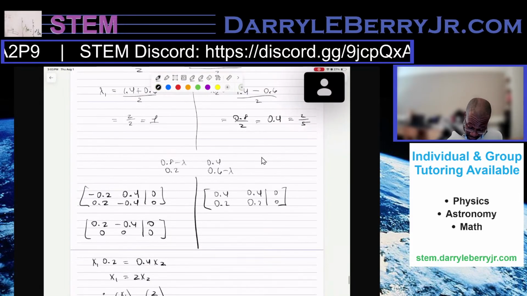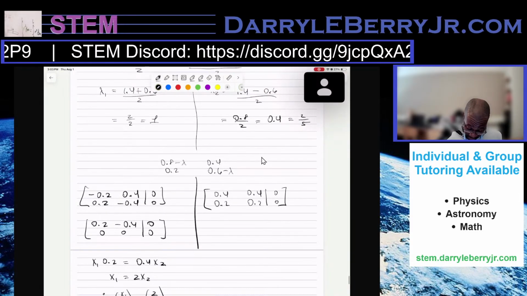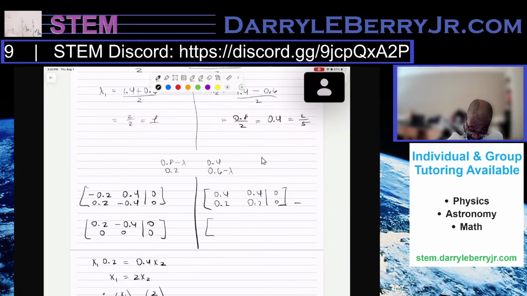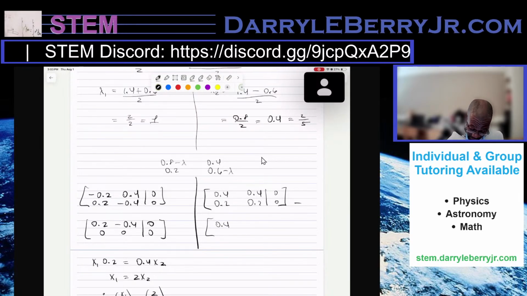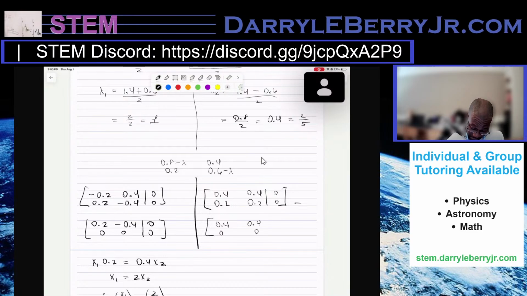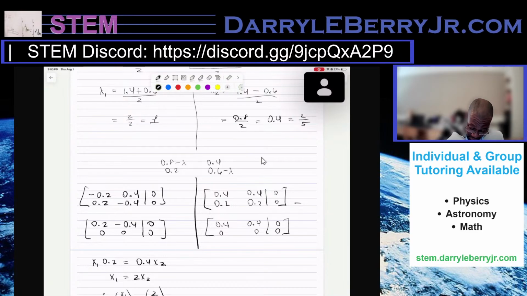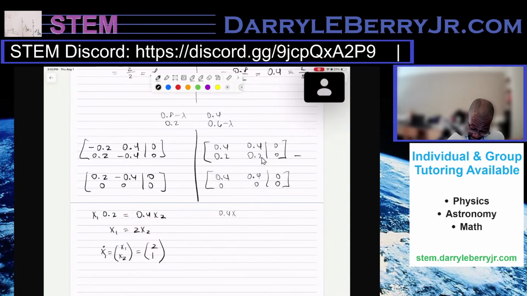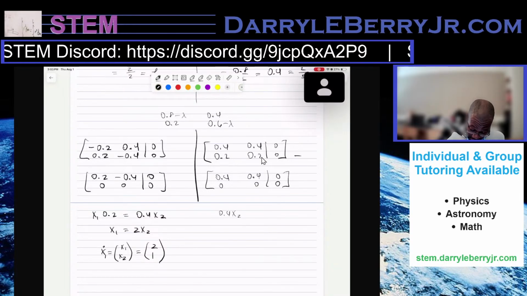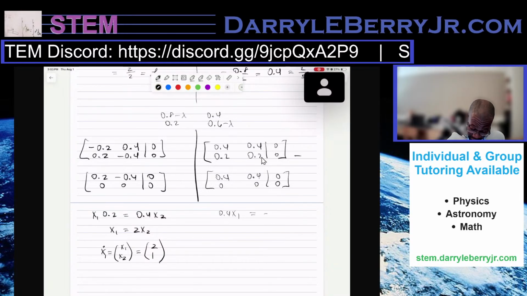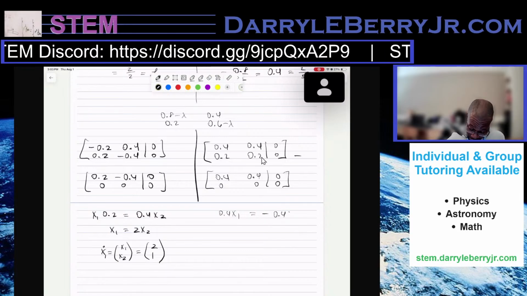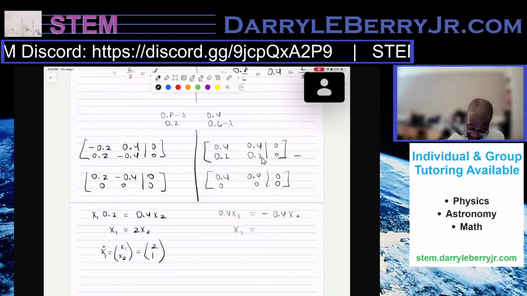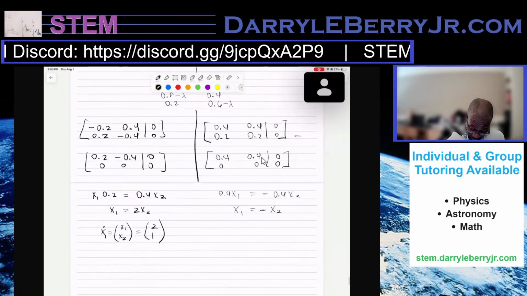So this was looking good as well. So I can subtract half of the top row from that one, and this will be 0.4, 0.4, 0. So now that's going to be 0.4 x1 equals negative 0.4 x2. So that means that x1 equals negative x2.